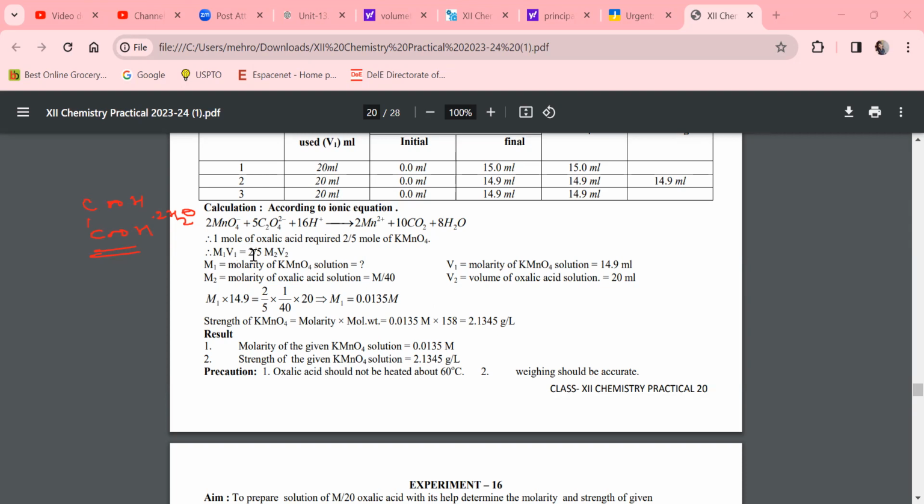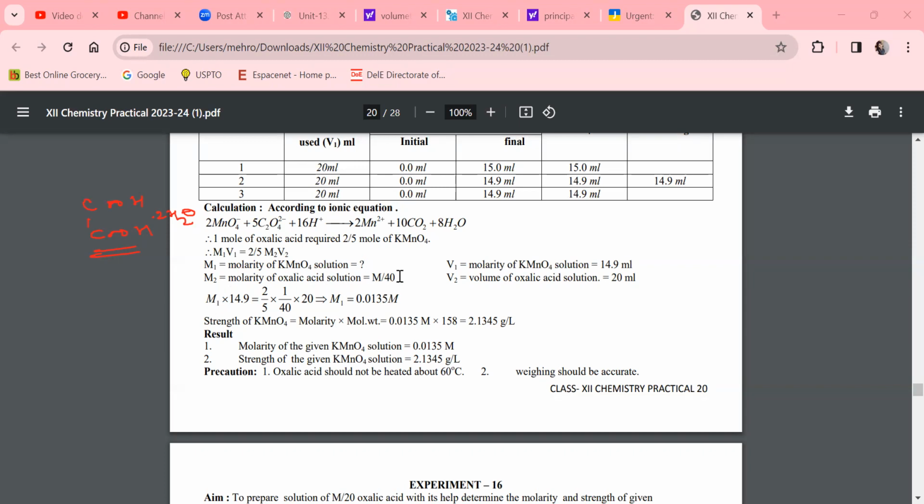So M1 is the side of KMnO4 and M2 is the side of oxalic acid. Okay, and you will also write on the KMnO4 side 2/5, since 1 mole reacts with 2/5. So in the objective you will write that you have to find out the molarity of KMnO4. So you will find it out.